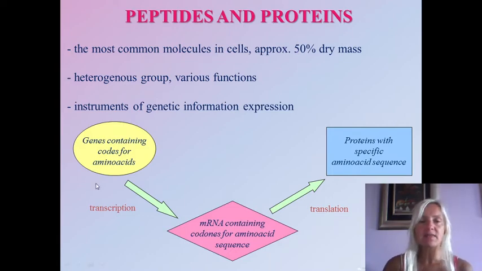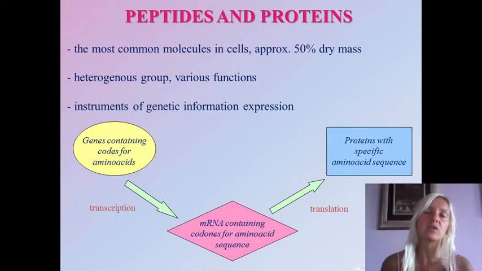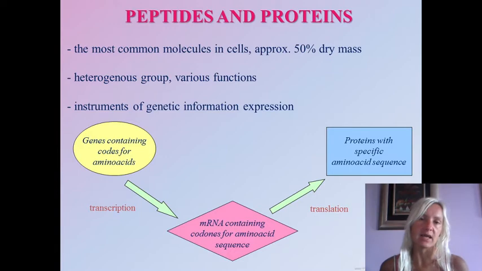If you can see this pattern, information from genes is directly transferred to the sequence of amino acids in proteins. So proteins are those instruments which are used to express all the information encoded in the DNA. Then synthesized proteins are going to coordinate and decide which other processes and molecules are going to be established or synthesized.